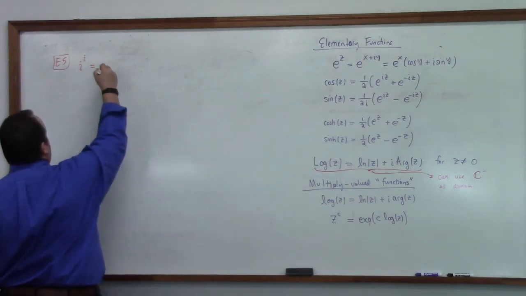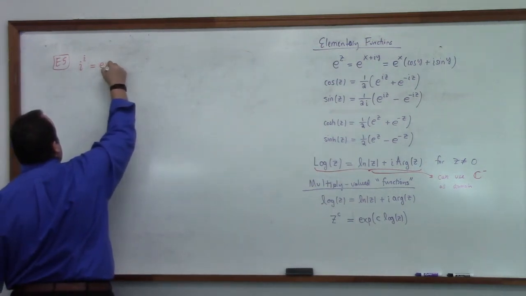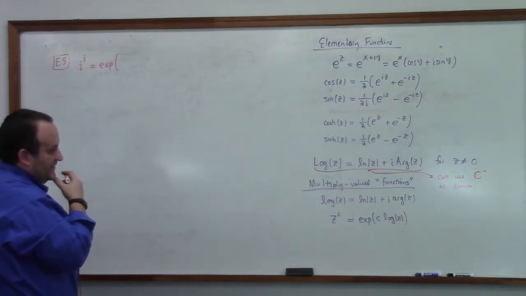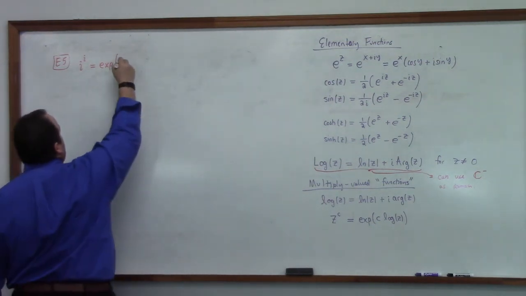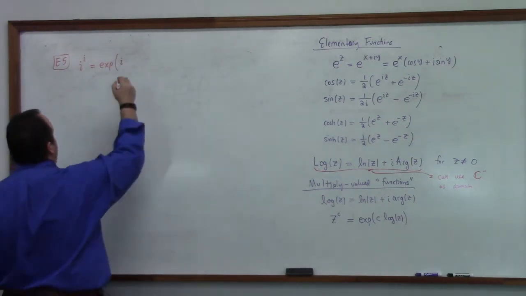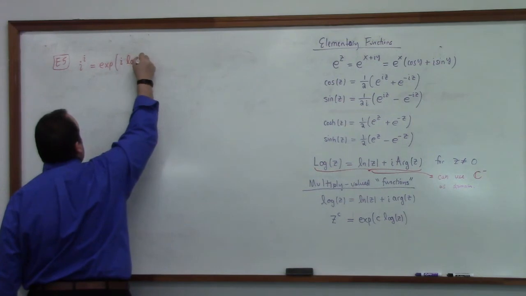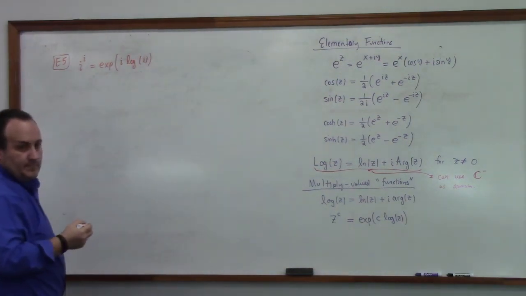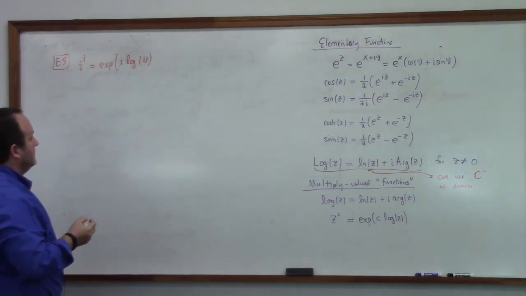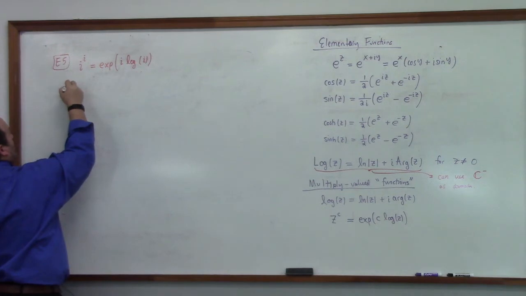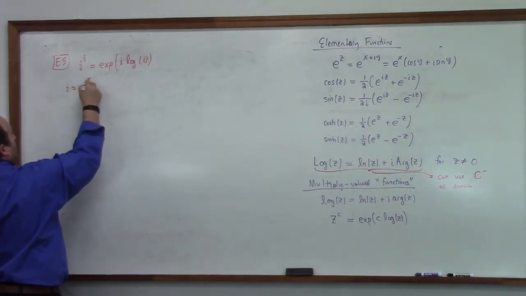This should be exponential, right, of, let's see here, in this case, c is I, right? So I log of I. Can we write that as like e to the... Now, let's see here. So I is equal to e to the I pi over 2, right?